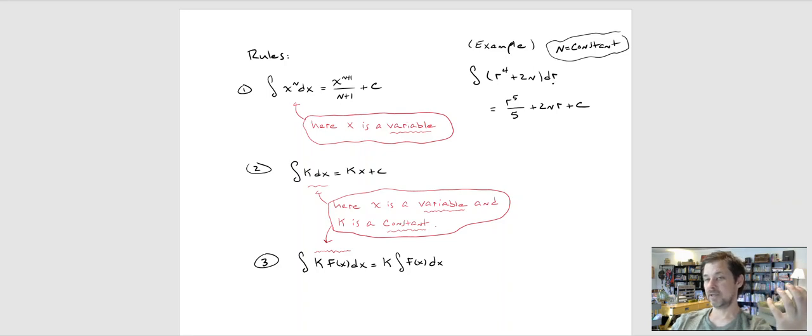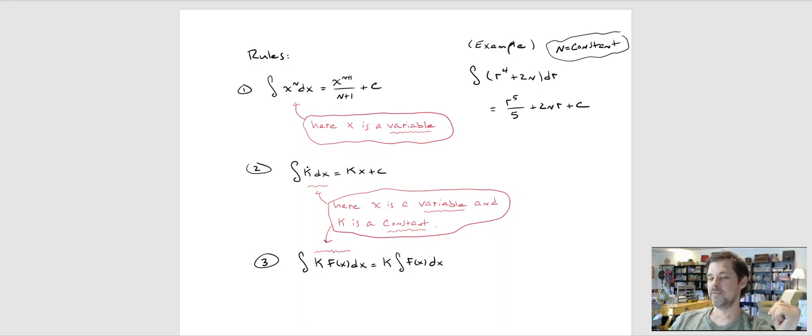How would the rules apply? Well, according to this rule, since that indicates a variable, we would say r to the 4th power becomes r to the 5th power over 5. What about 2n? Well, if n is some fixed, unchanging number that we don't happen to know, then that's like this.